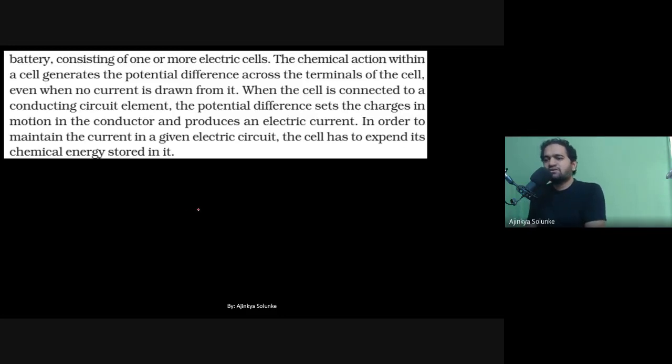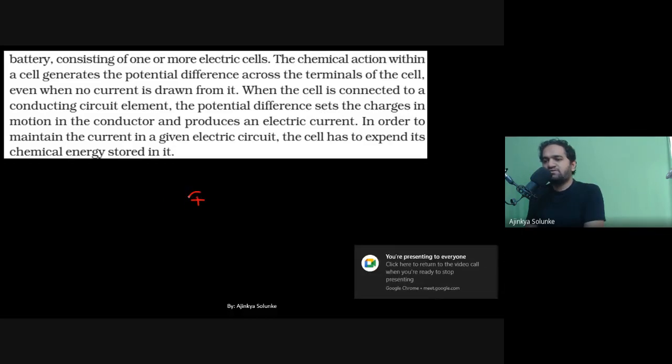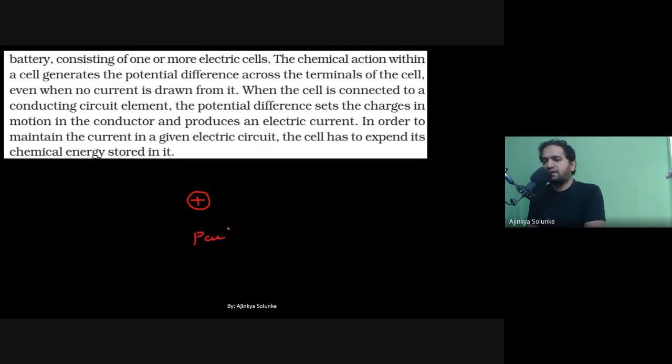Consider that there is a positive charge, and we want to take it from one place to another. For example, there is place A, suppose Parbhani, and the second place is Aurangabad. You want that charge to be taken from Parbhani to Aurangabad.